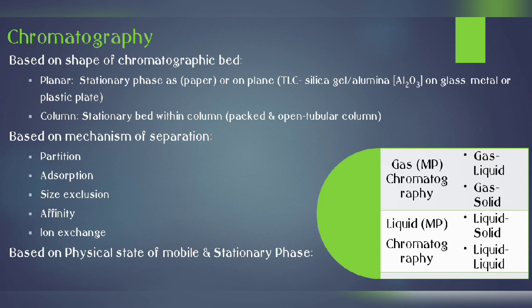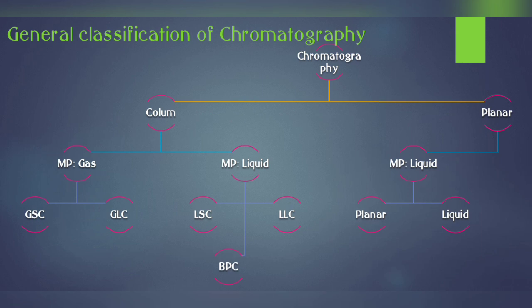If the mobile phase is gas, that is gas chromatography; if the mobile phase is liquid, that is liquid chromatography. And if the stationary phase is liquid and the mobile phase is gas, it is gas liquid chromatography. Gas liquid, gas solid, liquid solid, and liquid chromatography are all classified. This is the general classification of chromatography.